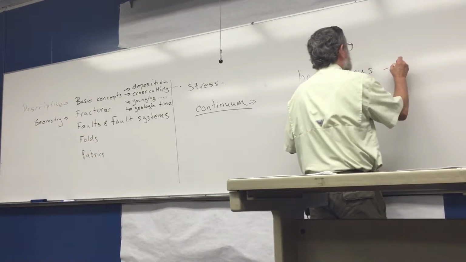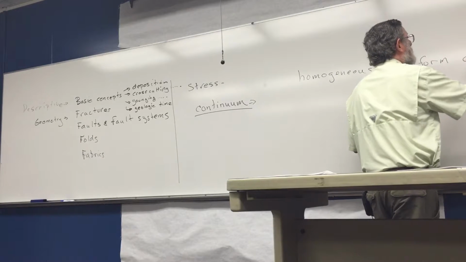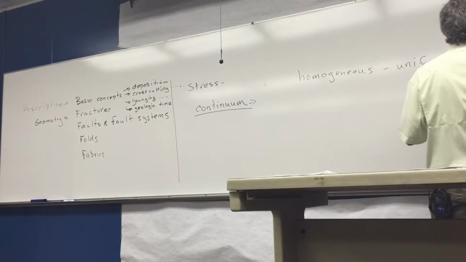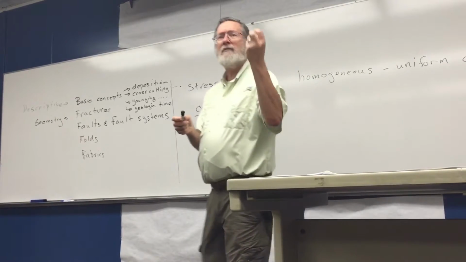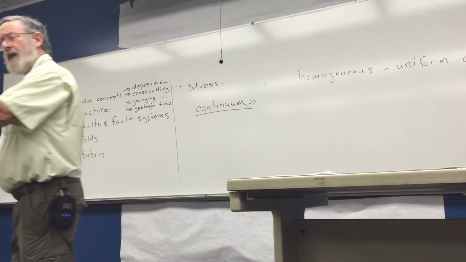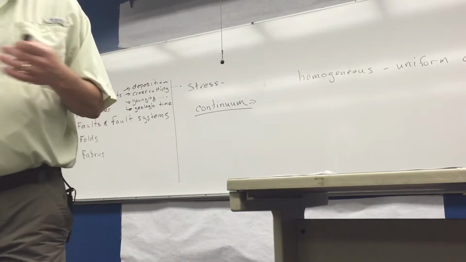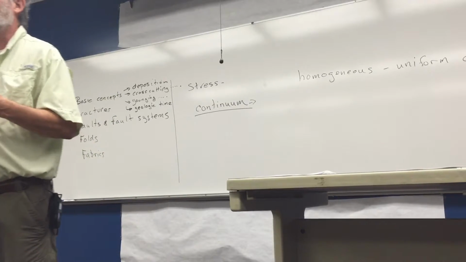And so we have a uniform, and I'm just going to call it character, where that character might be something like temperature. I can have a homogeneous temperature in a system where the temperature at every point that I measure, let's pretend we're in a material body here, everywhere I go, I take my thermostat or my thermocouple with me, and I go, okay, same temperature everywhere.